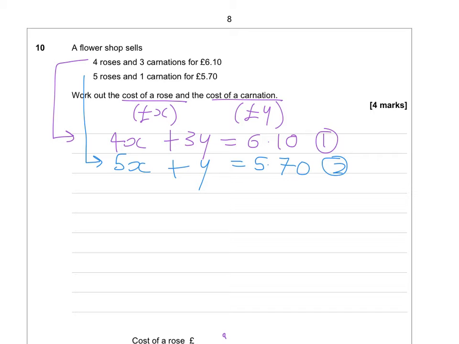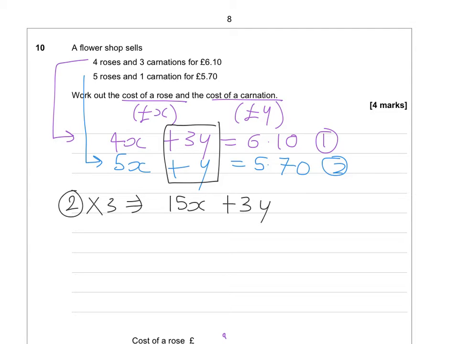We're going to aim for the coefficients in front of the y terms to be the same, so we're going to start by multiplying equation 2 by 3. This gives us 15x plus 3y equals £17.10, or 17.1. Writing out equation 1 underneath that, we have 4x plus 3y equals 6.1, or £6.10.